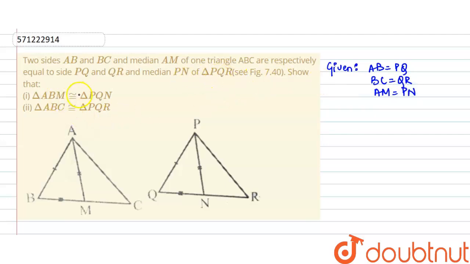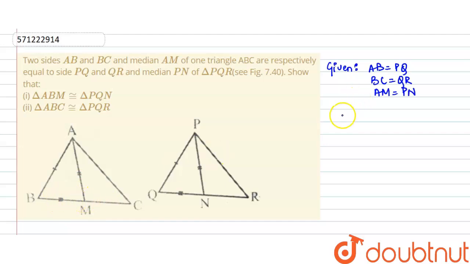You have to show that triangle ABM is congruent to triangle PQN and triangle ABC is congruent to triangle PQR. Now it says that BC is equal to QR, and we know that AM and PN are medians, so they will divide the base into two halves. Basically, they bisect the opposite side.